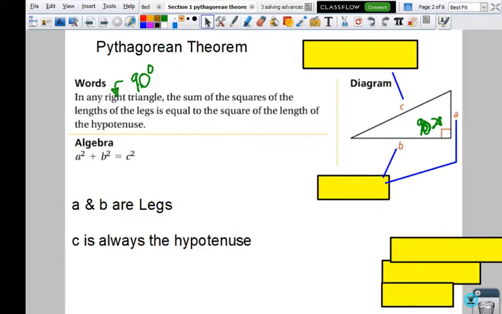So when we look at legs, let me back up. The hypotenuse is always the longest side. Legs are just not the longest.